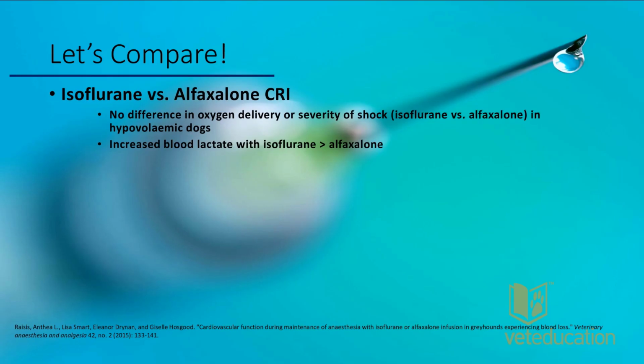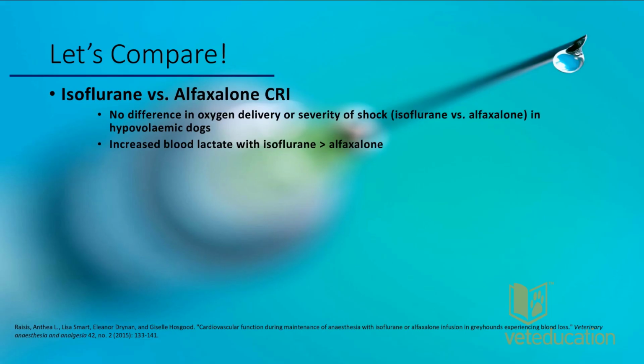There was no difference in oxygen delivery or the severity of shock with isoflurane versus alfaxolone in hypovolemic dogs. The only change the study significantly found was that there was an increase in blood lactate with isoflurane that was greater than that observed with alfaxolone.